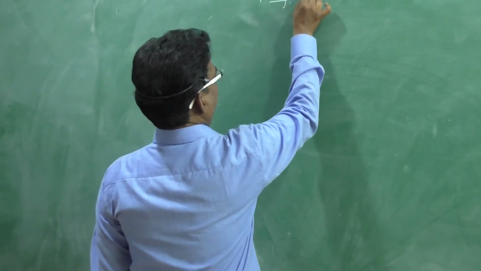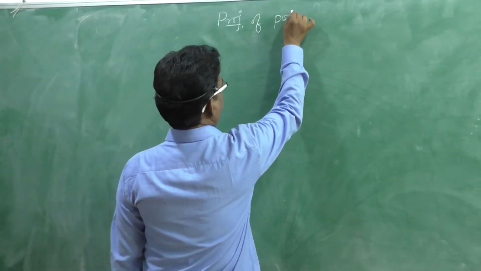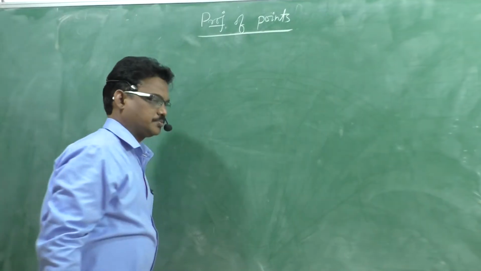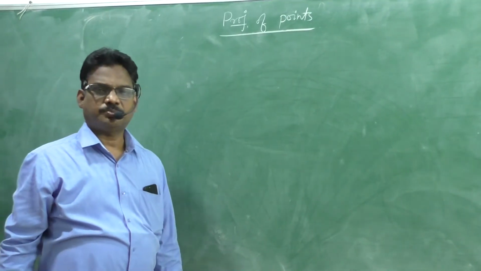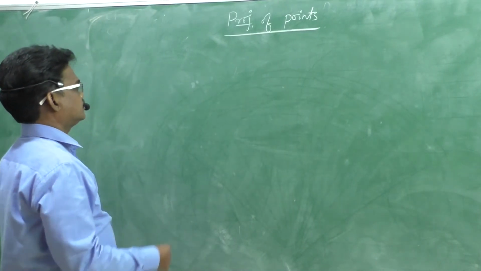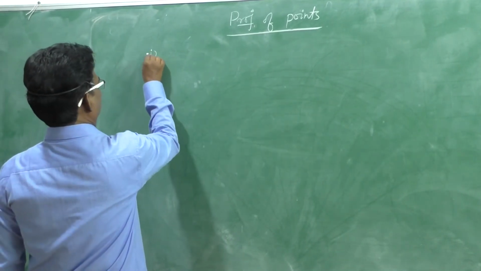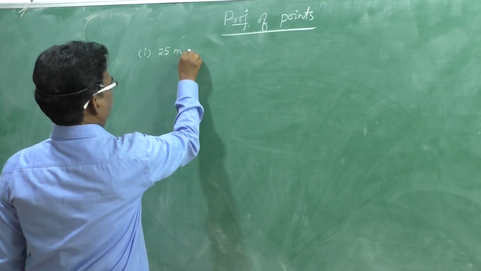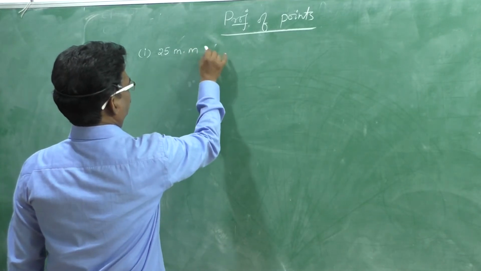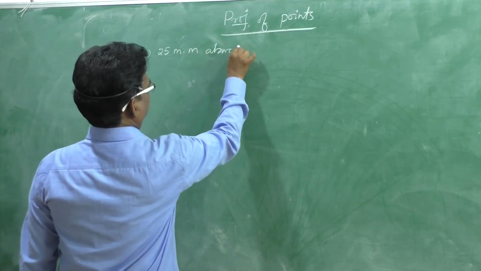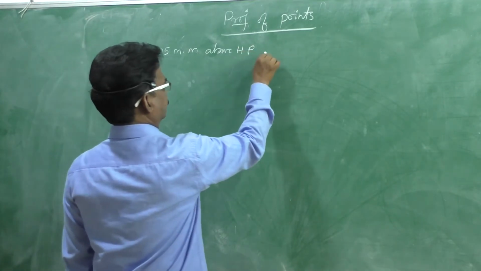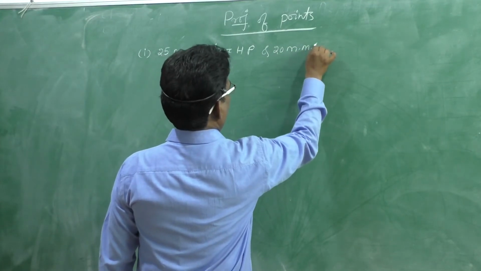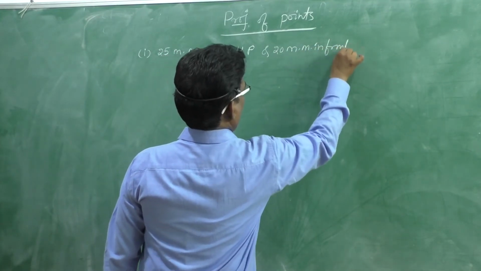Projection of points. Note down the first problem. A point P, case 1, is 25 mm above HP and 20 mm in front of VP.